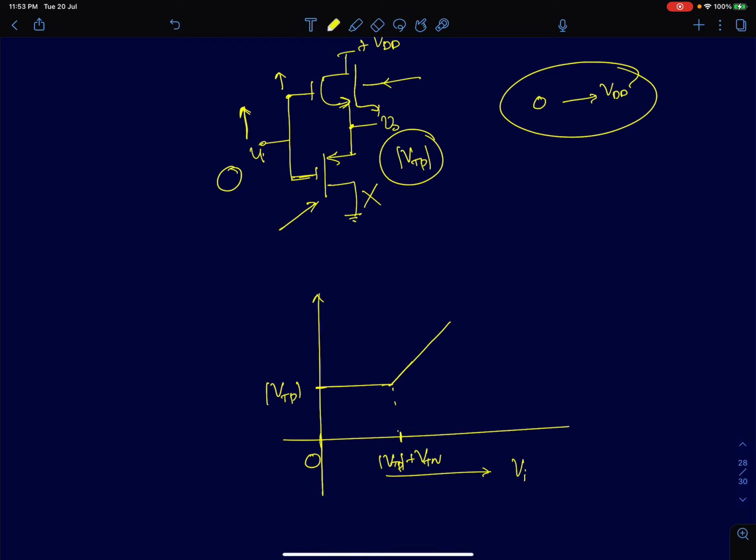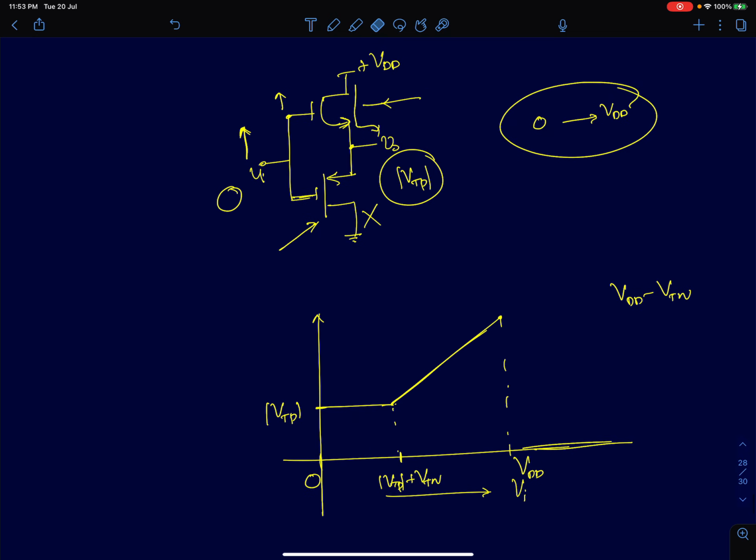It's going to increase linearly with a slope of 1, and when your input reaches VDD, it's going to stop at VDD minus VTN. I'll plot the graph till VDD. So when your input reaches VDD, it's going to charge to this point and stop there.